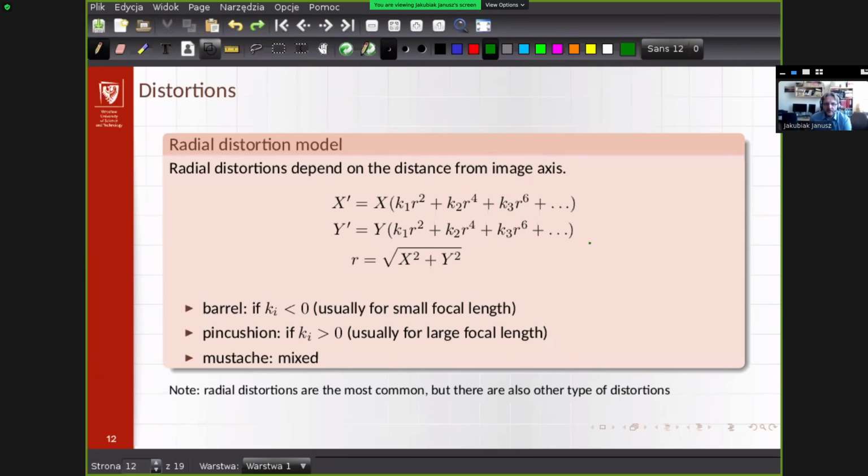So there can be other types that are not so easy to deal with, and then you need to find some own solution if you need to normalize these images with other types of distortions. Those are not the only ways, but usually the most typical. So if you can deal with them, you will remove a big part of the error that you have in most cases.